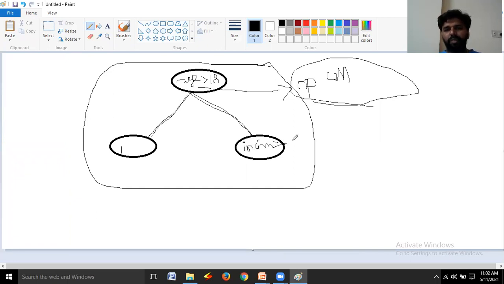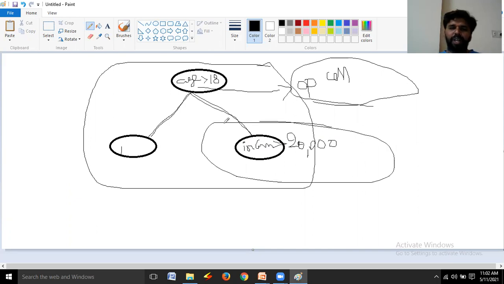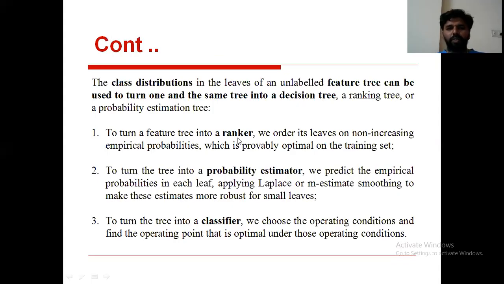Income greater than, for example, 20,000. This is another operating condition. Like this, we need to identify conditions to perform classification. This is the third point. We observed how to construct a ranking tree, how to construct a probability estimator tree, and how to construct a classifier.